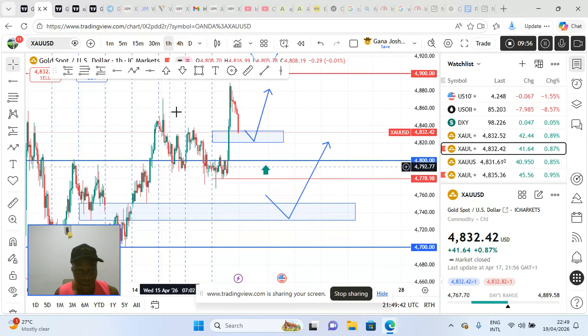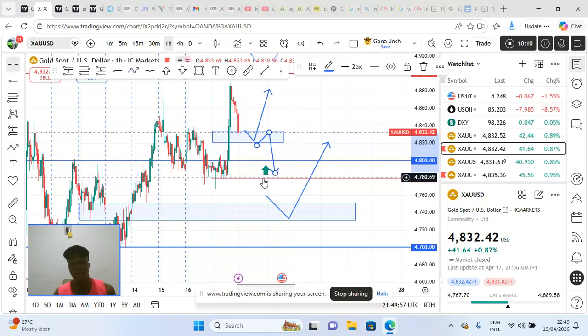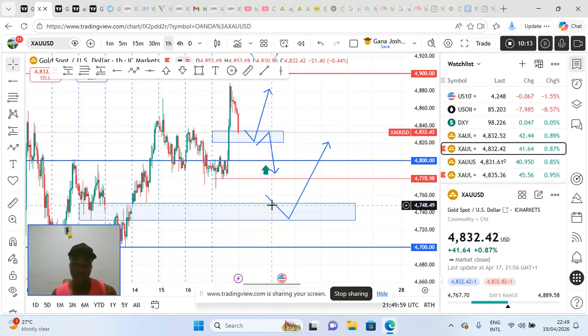So we won't do anything until we see this normal thing should happen: continue. If it ends up happening like this, you can short from here and maybe leave at this low. Don't bet on breaking the low. You can just take some few pips if you may.